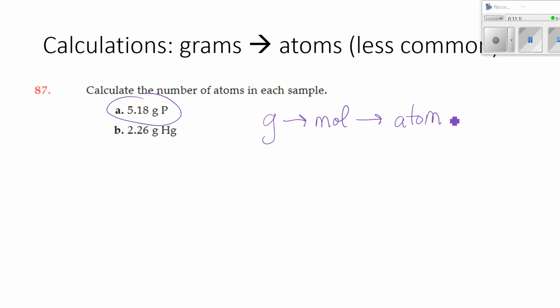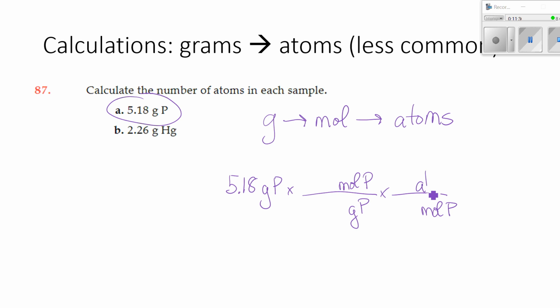So if we have 5.18 grams of phosphorus, we can convert grams of phosphorus into moles of phosphorus, and then once we know moles of phosphorus, we can find atoms of phosphorus. So that's a 2-stepper, okay?